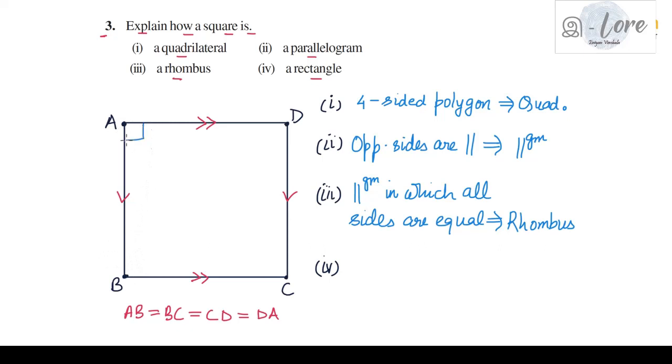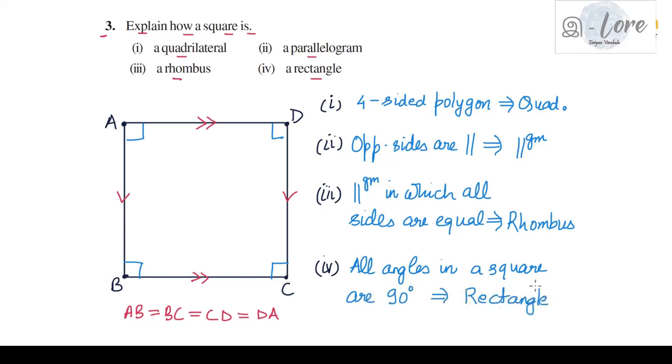In a square, all the four angles at the four vertices are equal to 90 degrees. This means that a square will also be a rectangle. So a square is a quadrilateral, it is a parallelogram, it is a rhombus, and it is also a rectangle. And that completes question number 3.